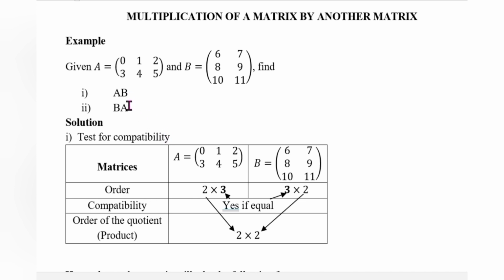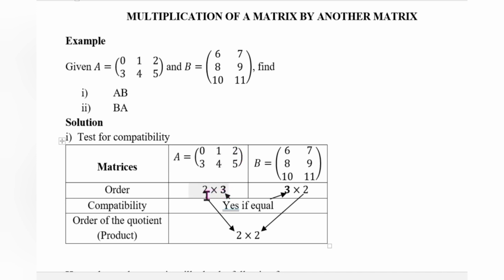We take this matrix, we write it here, then we write this other one second, like this. After that, we establish their order. The order of a matrix simply represents the number of rows and the number of columns of that matrix. In this case, matrix A has 2 rows and 3 columns.